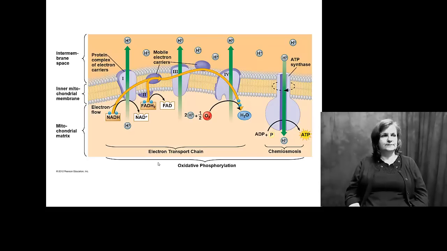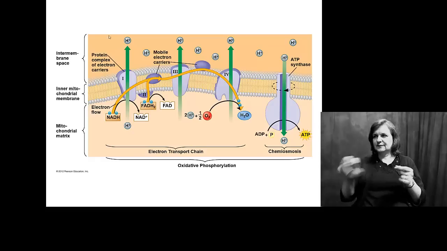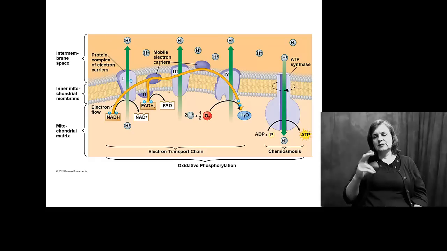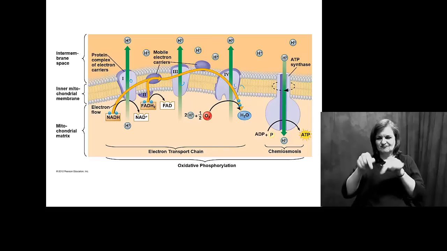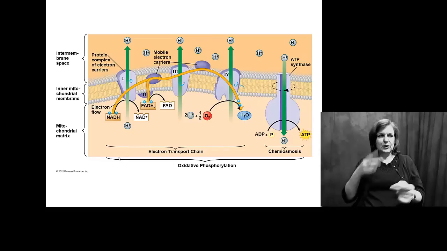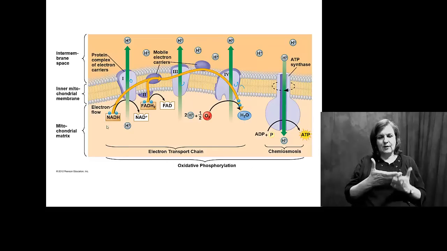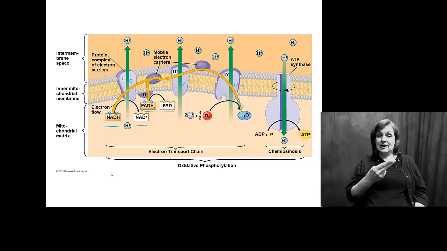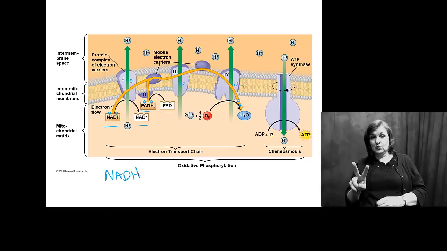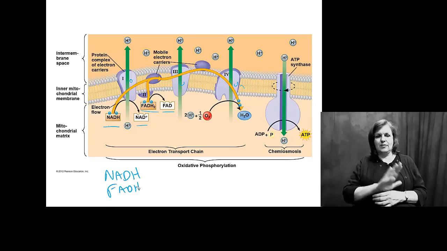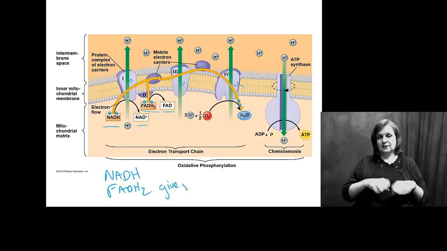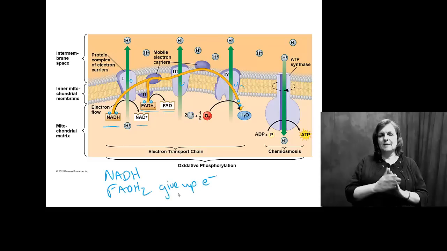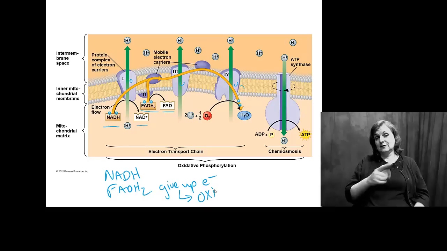So inside, this is the electron transport chain, the proteins that are here. And when we look at the electron transport chain, you see the electron carriers are bringing in electrons and dropping them off. If they're giving up electrons, NADH and FADH2 give up electrons. If they're giving up electrons, that means that they've been oxidized, right?